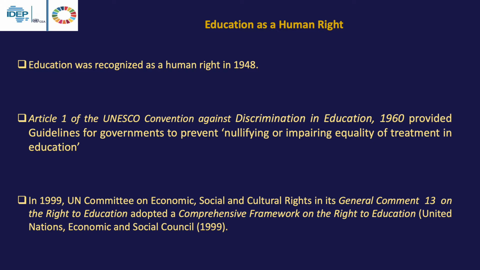In 1999, the United Nations Committee on Economic, Social and Cultural Rights, in its General Comment 13 on the right to education, adopted a comprehensive framework on the right to education. This is a framework that I encourage you to study because it talks a lot about education as a right, and what needs to be done and what should be avoided.